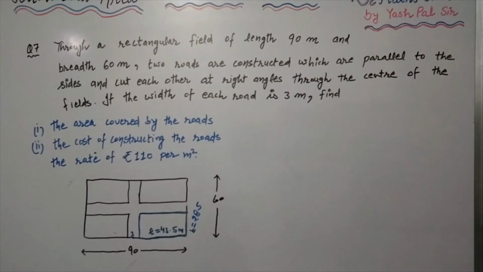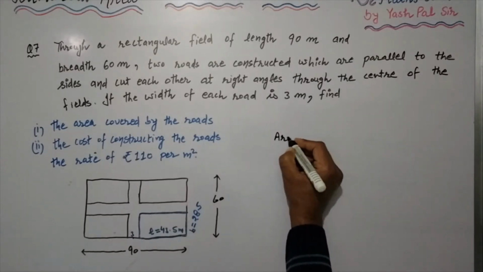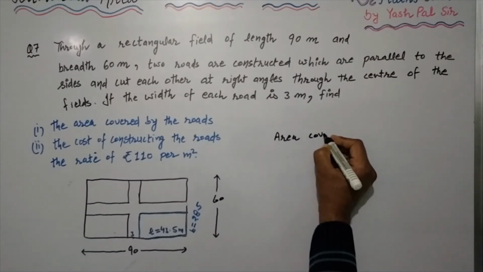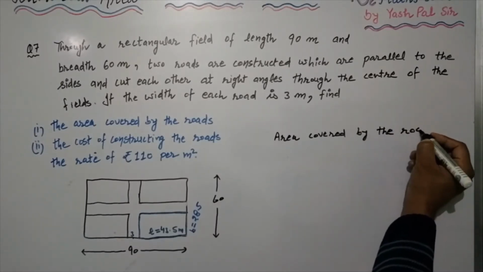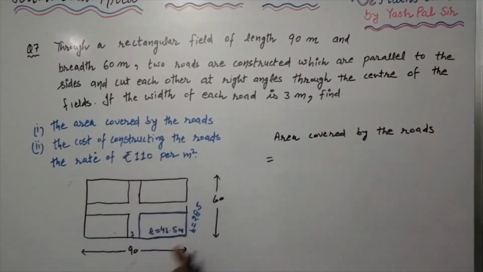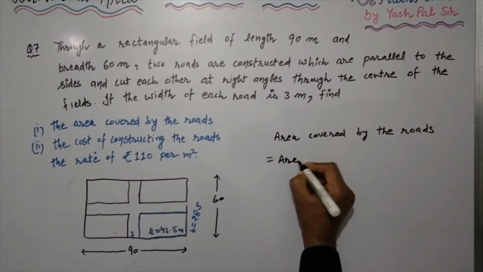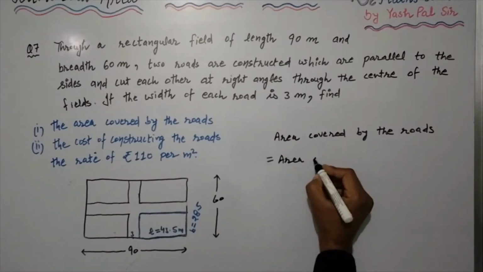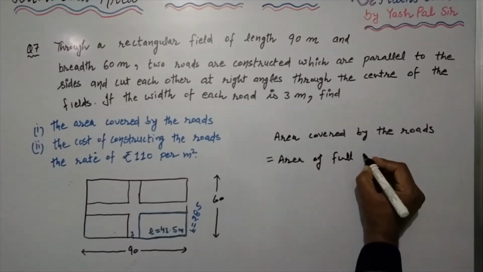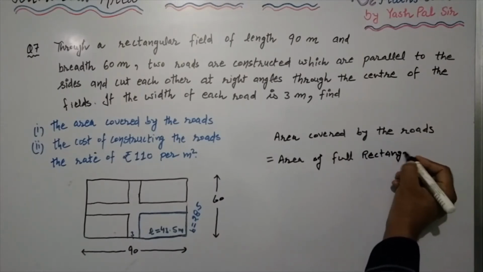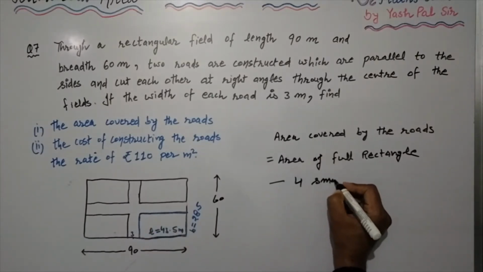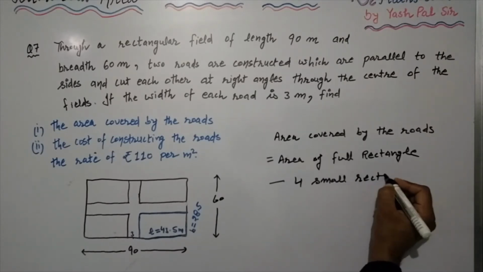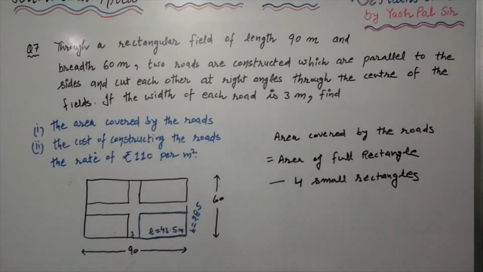First of all, the area covered by the roads is equal to the whole area of the full rectangle minus 4 small rectangles. This area is subtracted.